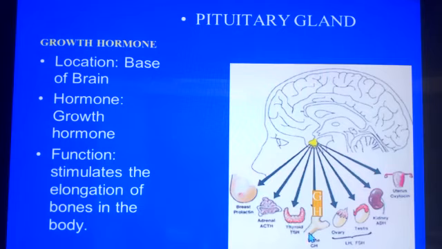Remember, we shall look at situations in which this hormone is overproduced, and such a situation can lead to extreme elongation of bones that results in what we refer to as gigantism, or if not produced in adequate amount, it can lead to dwarfism.